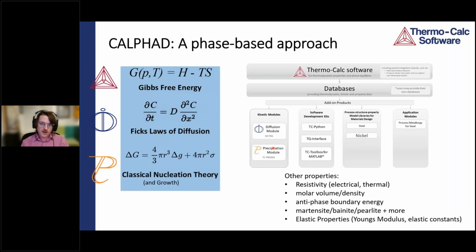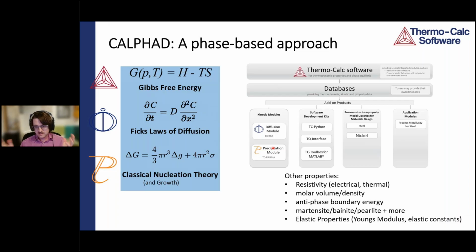And so CALPHAD is a phase-based approach to modeling the material behavior, as a general way to put it. And at its core, we are solving for the Gibbs free energy. So this is largely a physics-based approach, and that makes it very predictive in nature.